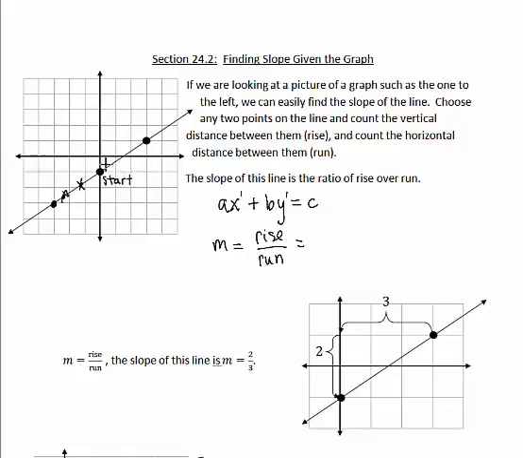there's actually two ways by moving vertically and horizontally that I could get to the second point. I could track along this path. I would go up and then to the right, or I could track along this path. What you have to realize is that either path is going to give you the same rise and run.